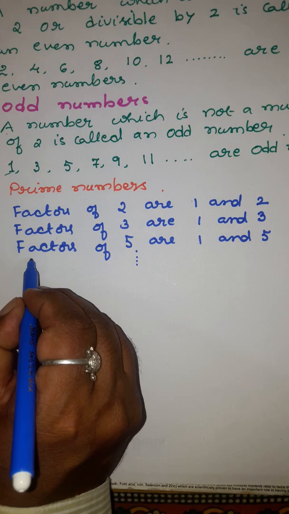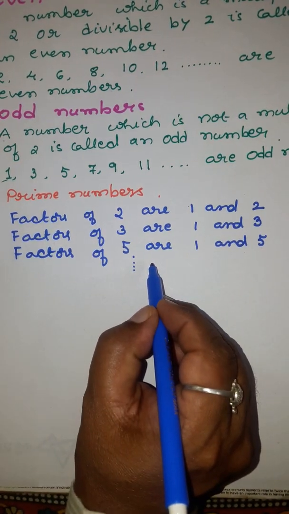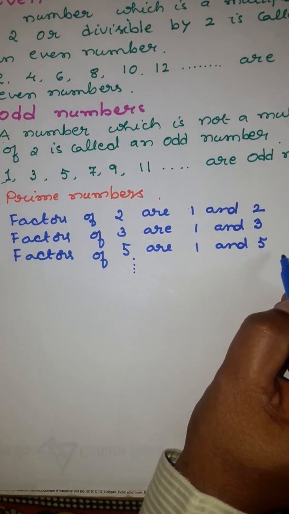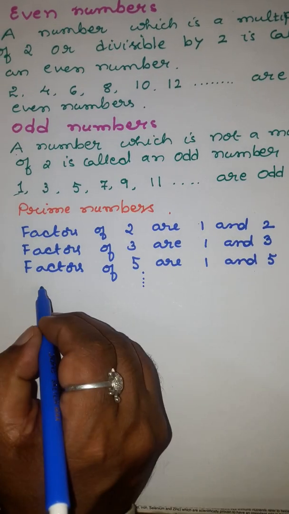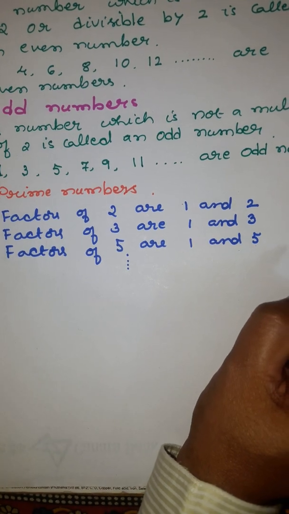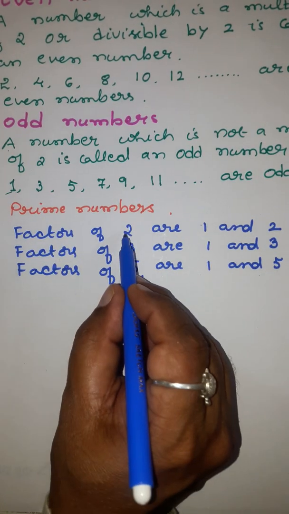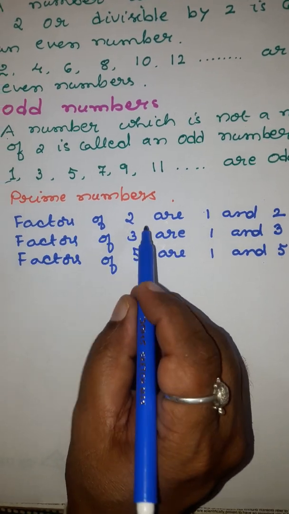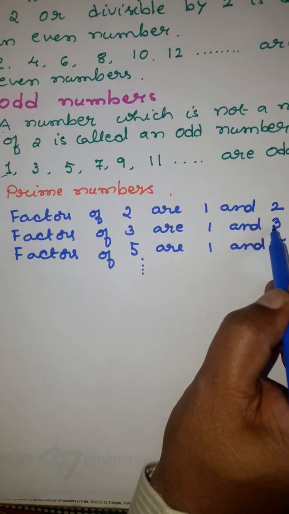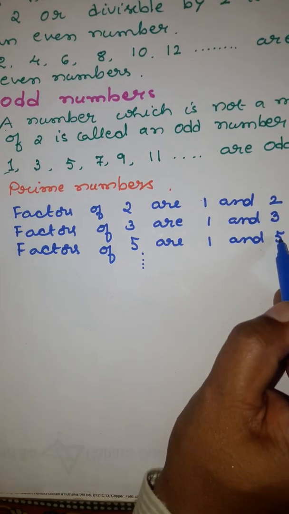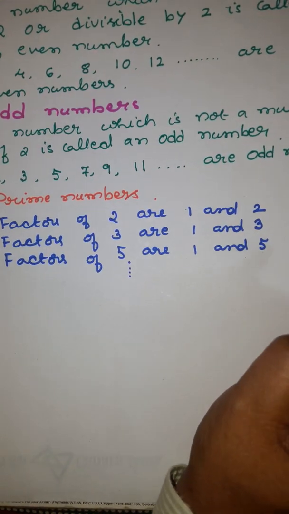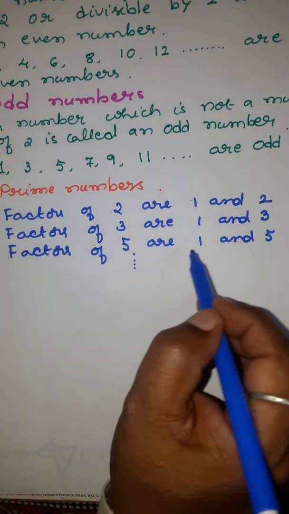Therefore, numbers having exactly two factors, namely 1 and itself, are called prime numbers, or numbers which are divisible by 1 and itself. See, 2 is divisible by 1 and itself. 3 is divisible by 1 and itself. 5 is divisible by 1 and itself. Therefore, numbers which are divisible by 1 and itself, or which have only the two factors 1 and itself, are called prime numbers.